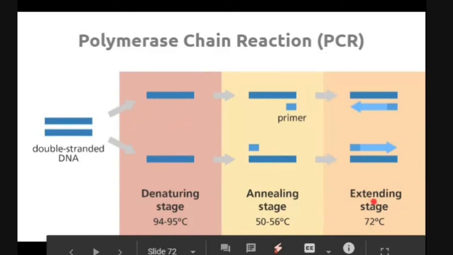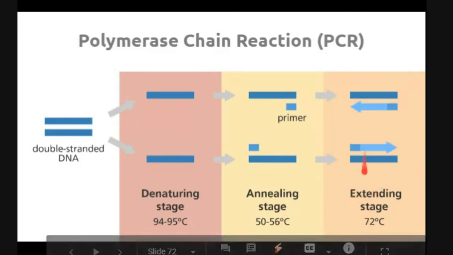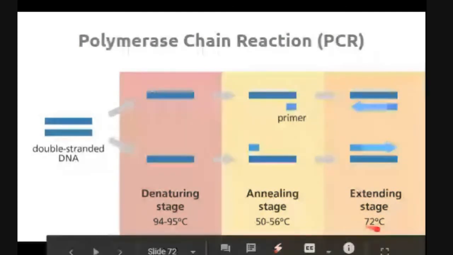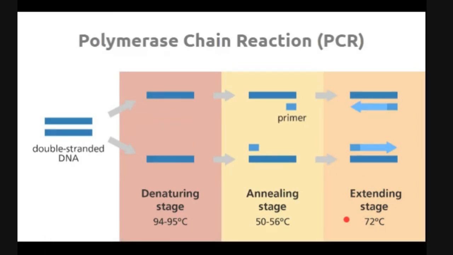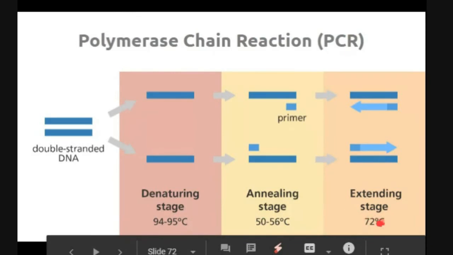And yung DNA polymerase mo, optimal siyang nag-a-act at 72 degrees Celsius. Okay? But actually, these temperatures are only examples because when you do an actual PCR, you have to optimize yung experiment mo. Paulit-ulit ka hanggang sa mahanap mo yung optimal temperatures mo.